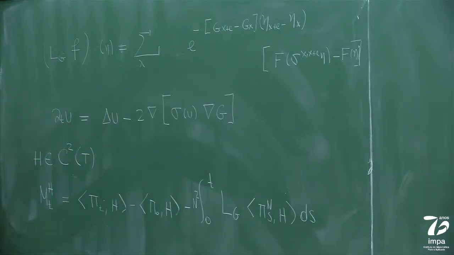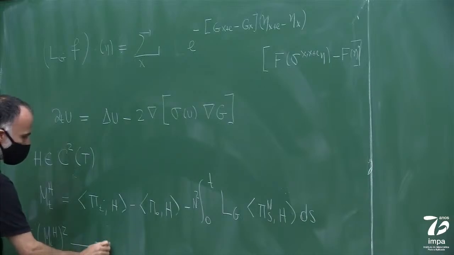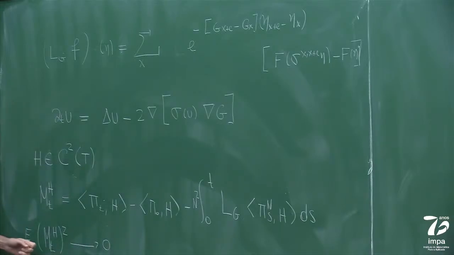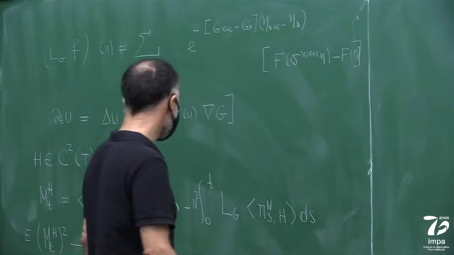So what I claim, and I won't check that, is that this martingale converges to 0, because if you compute its square, you take its expectation, this is converging to 0. So the way in which you prove that is just by computing gamma. Okay? And you compute gamma and you check that gamma is of order 1 over n.